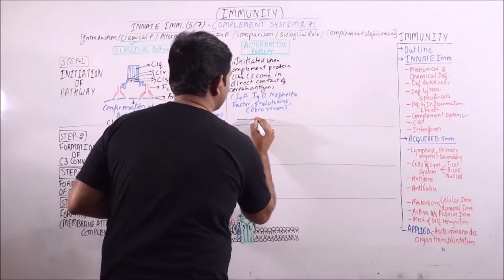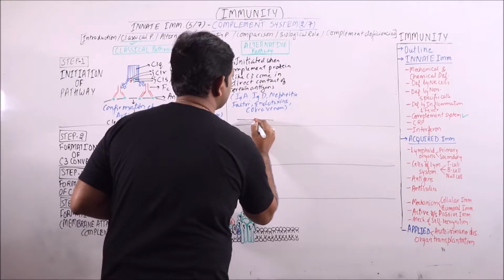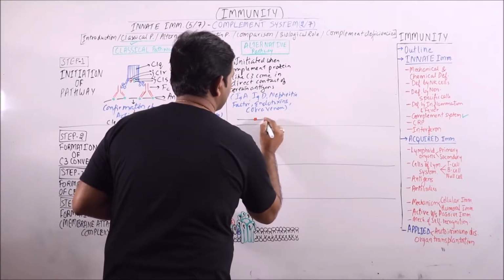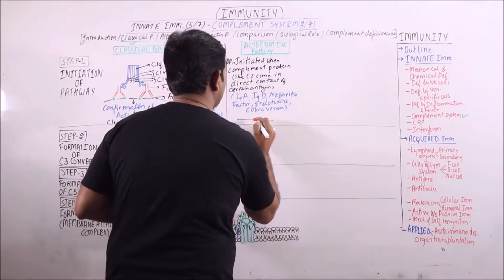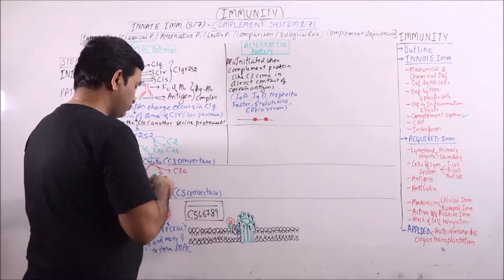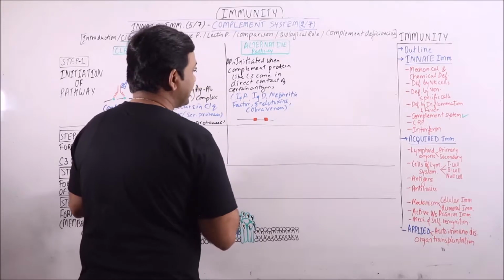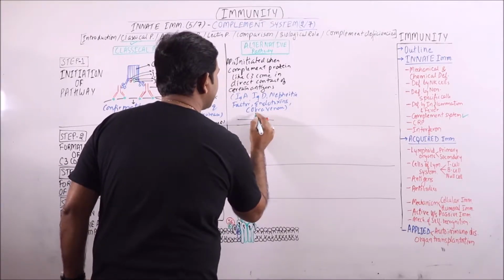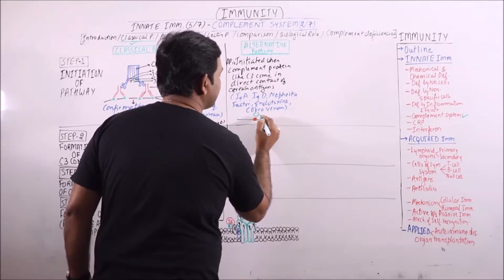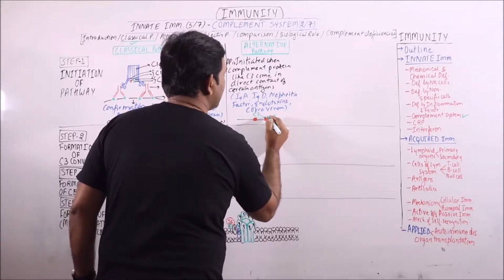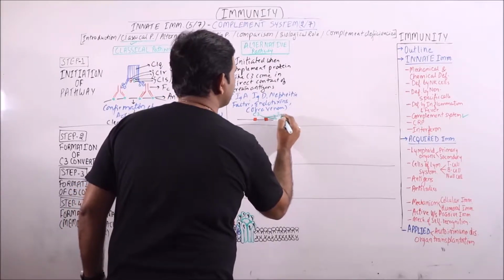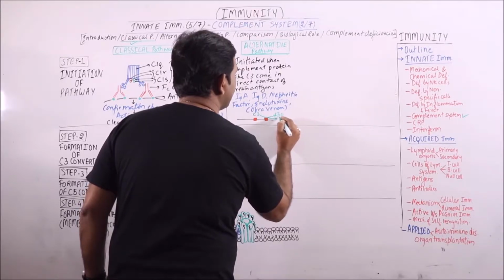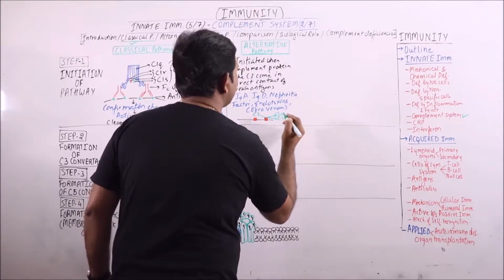For example, this is an antigen. These antigens will result in directly spontaneous hydrolysis of complement factor C3. So it will be hydrolyzed to C3A and C3B.